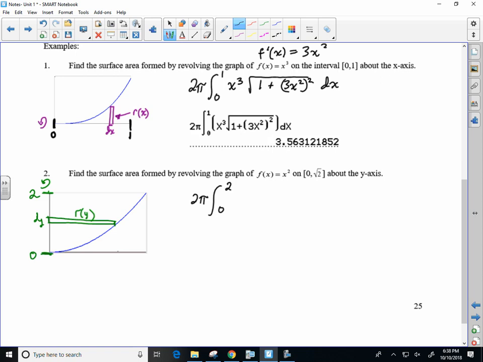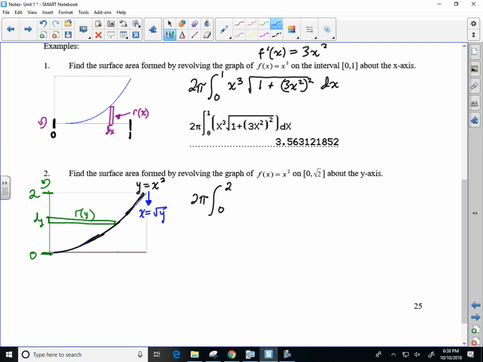So r of y would be this function, which we know is y equals x squared, but solved for x in terms of y. So if I took the root of both sides, x equals the square root of y.